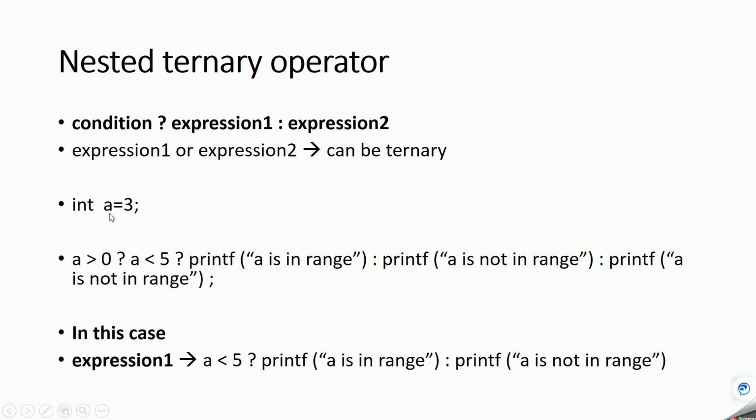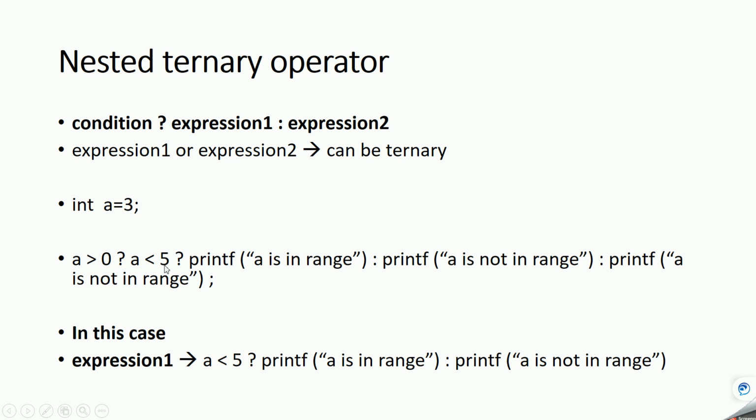Let's take an example. Suppose we have a variable a equal to 3, and we want to check if this variable is in the range of 0 and 5. Initially we can have a condition here: a is greater than 0. In this case a is greater than 0, so this condition is true. If the condition is true, this expression will get executed. In this expression there is another ternary, where we check if a is less than 5.